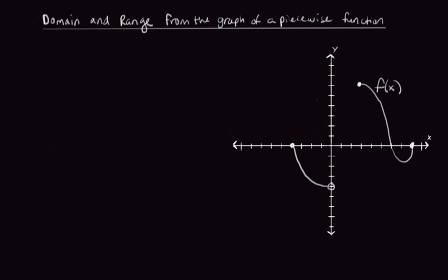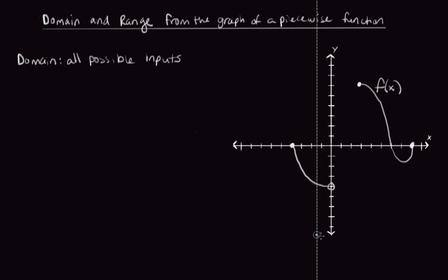So let's remember that the domain is all possible inputs. Okay, so if we look here, I want to kind of look and see where is my graph located.